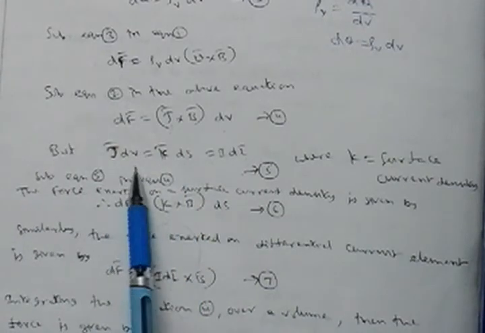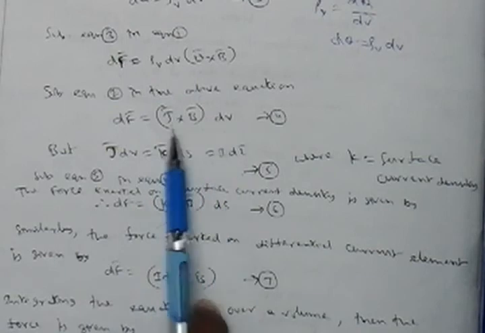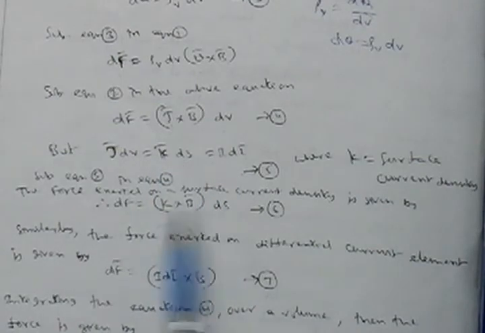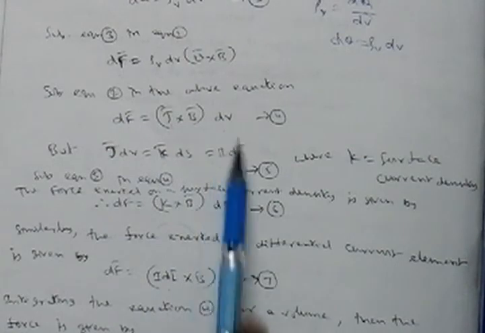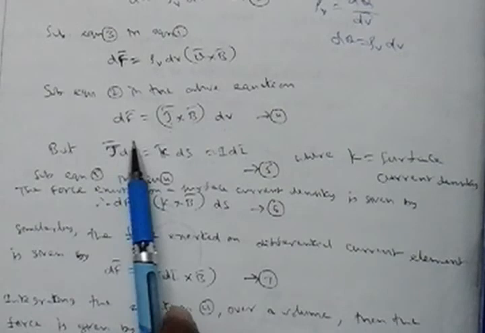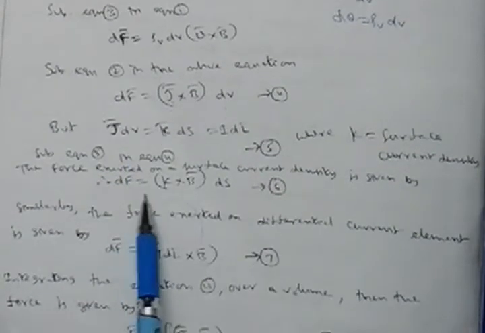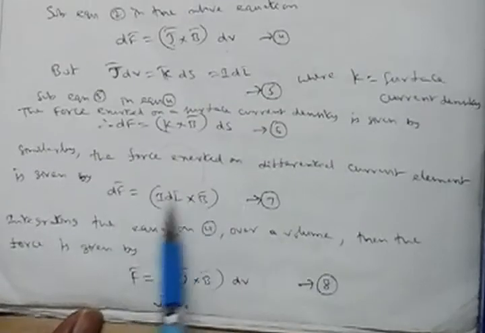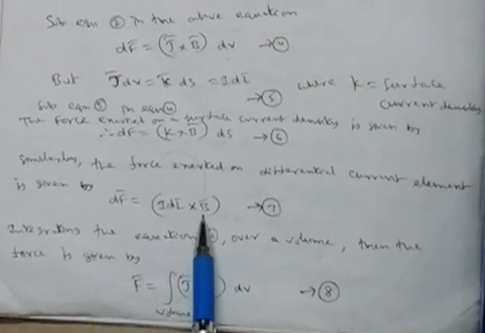When J dV is equal to K ds, J dV can be replaced by K ds. When J dV is replaced with I dl, that's it for the representation of the force equation. So dF is equal to K bar cross B bar ds. Similarly for differential length, dF is equal to I dl cross B bar.